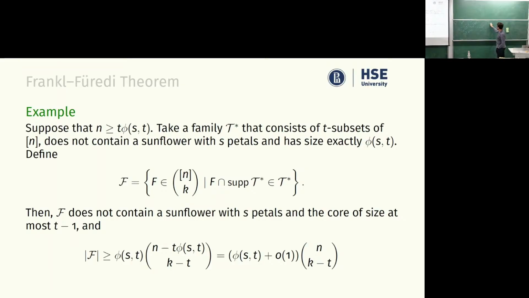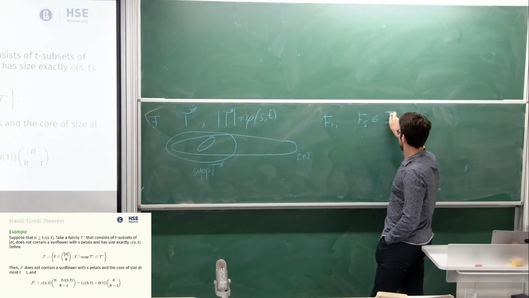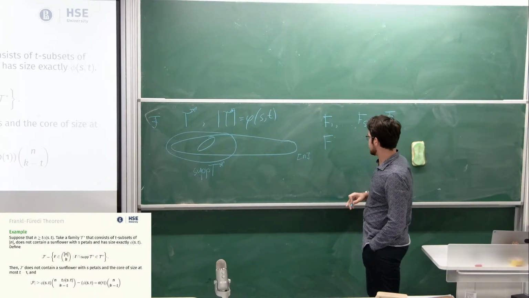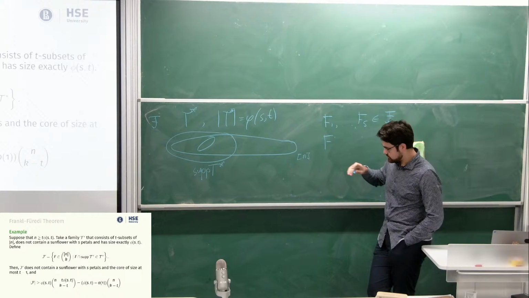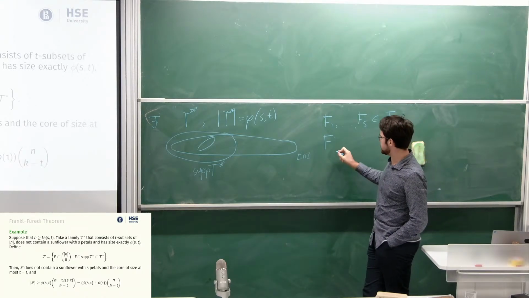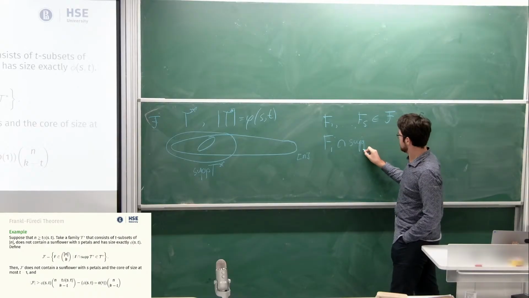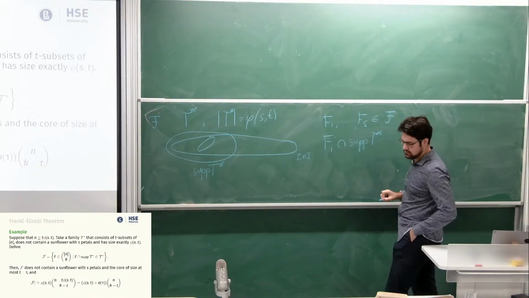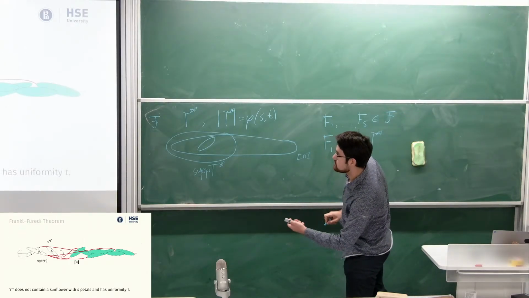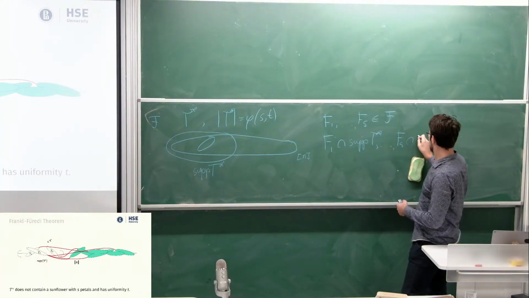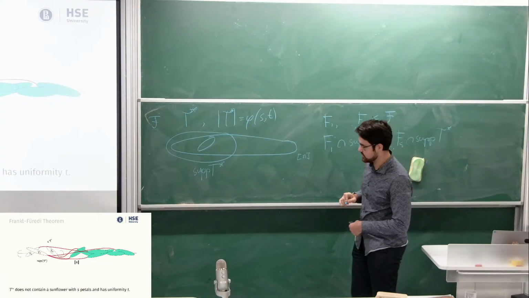So if F1 through Fs from F form a sunflower with S petals and the core of size t minus 1, then F1 through Fs intersected with the support of T star form a sunflower with S petals and the core of size at most t minus 1.